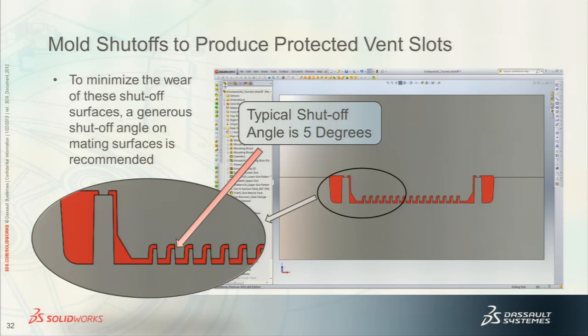That way, when the two halves of your tool engage and disengage, you have less sliding surface in the vertical, which will eventually cause tool wear. So the more angle that you put on, the less sliding friction you have between your shutoff surfaces.